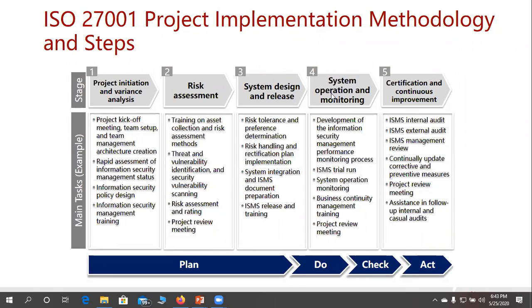And then system operation and monitoring, which has to be in do. So this is where you have development of the information security management performance monitoring process, ISMS trial run, okay. Also check is here, certification and continuous improvement. So this is where you have now ISMS internal audit.